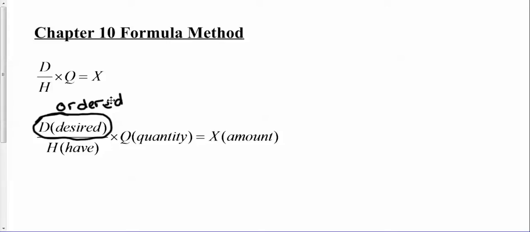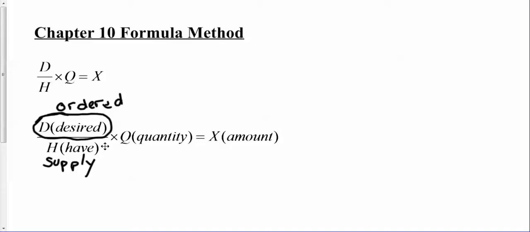The H in the denominator is what we have on hand, how it's packaged, so that you could think of as the supply. Again, that would usually be in milligrams or grams or micrograms. And we times that fraction by the quantity. Now, when we're dealing with tablets or capsules, the quantity Q is usually one tablet or one capsule.